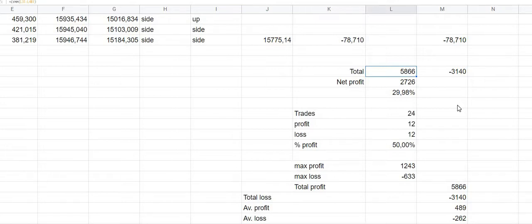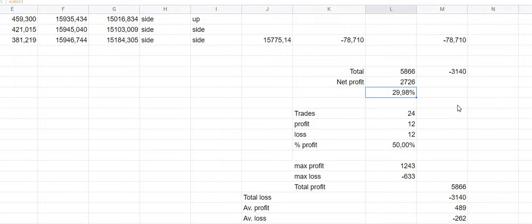And net profit this way is $2,726, and it's near 30% of the size of the contract when it was on the 2nd of January 2012.